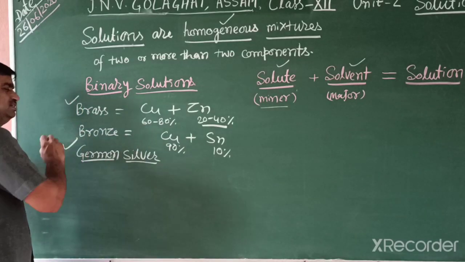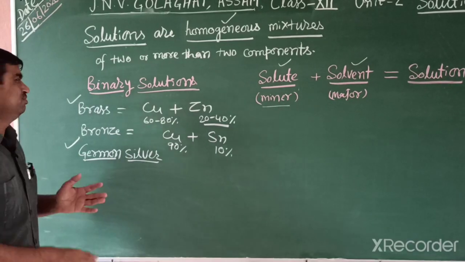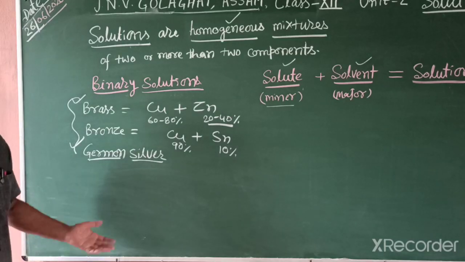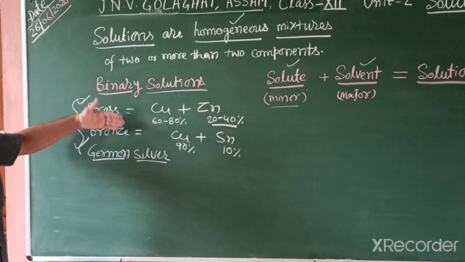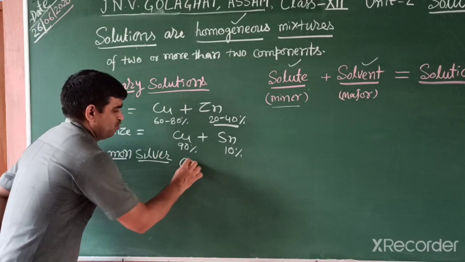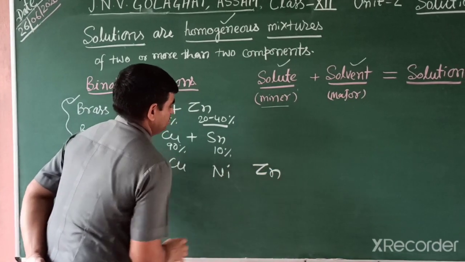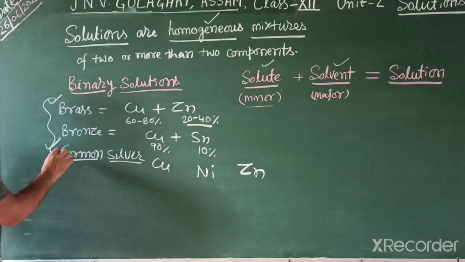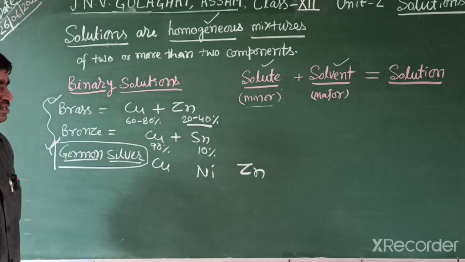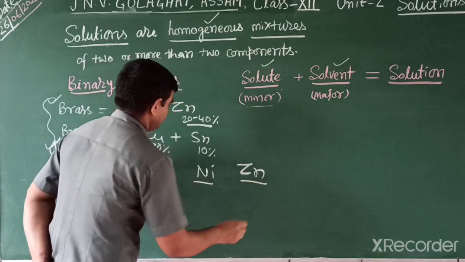Another one is German silver. German silver is also an alloy. You already studied brass, bronze, and steel in 10th class. They are alloys and they are also solutions. German silver contains copper, nickel and zinc. These three elements make up German silver, but there is no silver present in it, only copper, nickel and zinc.